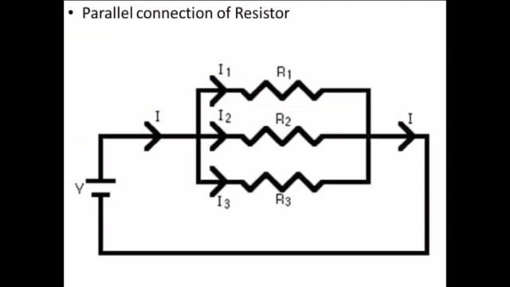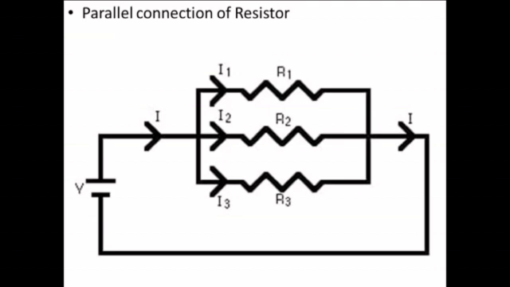Three resistors R1, R2, R3 are shown connected in parallel across points A and B. Here one end of the resistors is connected at common point A and the other ends are connected to another common point B. The electric current I at point A is divided into three parts.